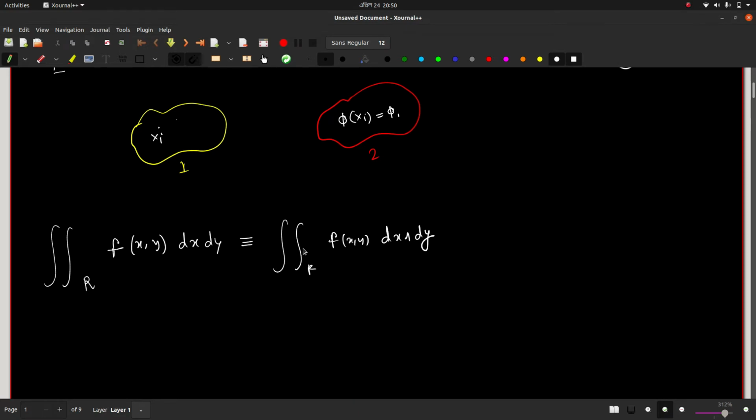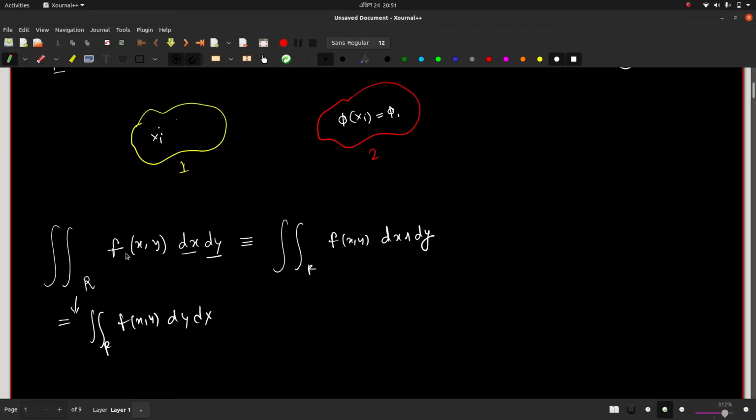The reason is the following: if you are familiar with Fubini's theorem, it says that if you have a nice sort of function, then the order of the integration won't matter. That means if you write dx dy, the result will be the same as when you interchange to dy dx.